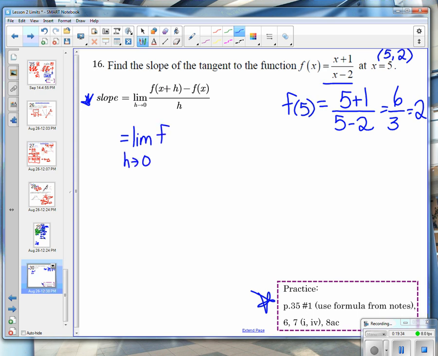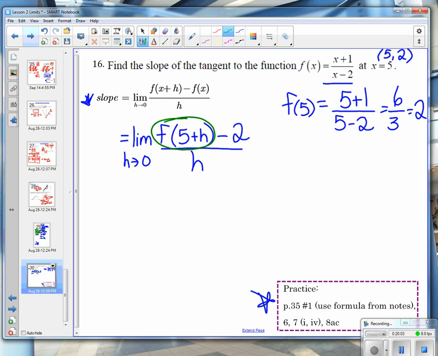So I've got f of 5 plus h, minus f of 5, which is going to be our 2, which we solved for already, over h. Okay, just make sure that all makes sense. And then next, obviously, this guy is still the kicker. We still need to evaluate this, f of 5 plus h.